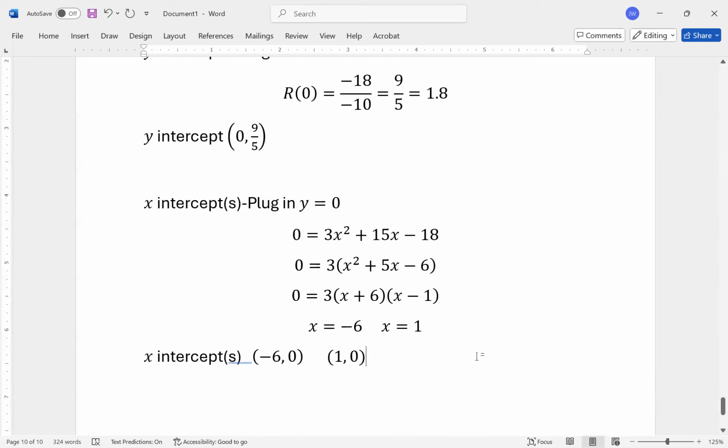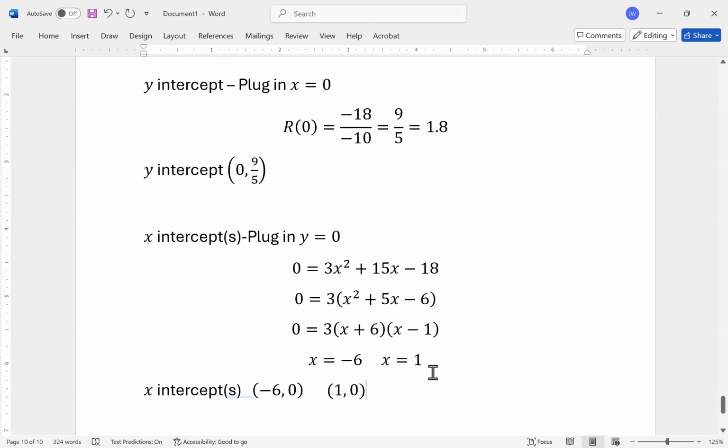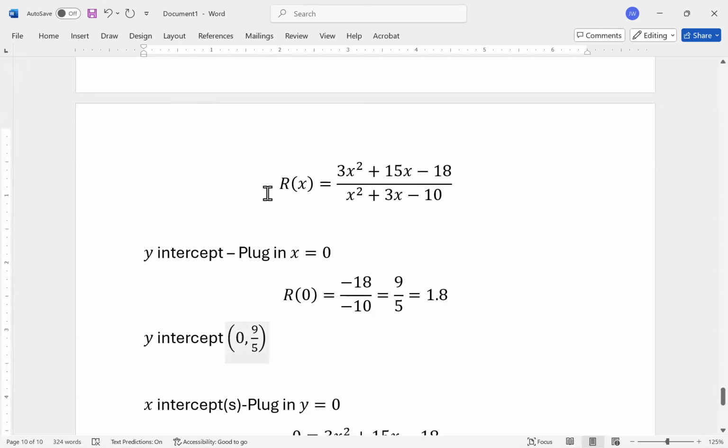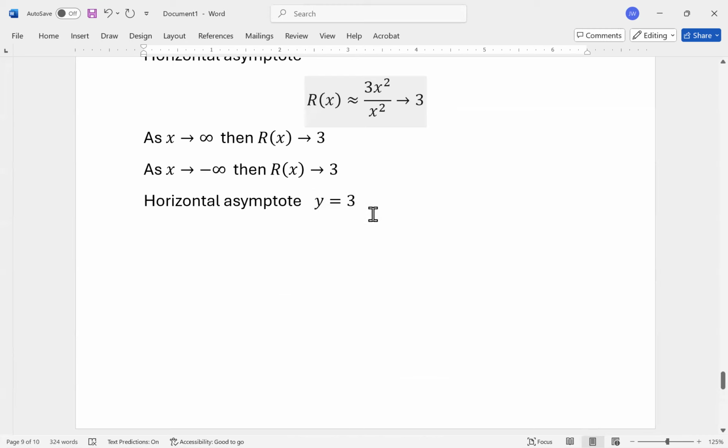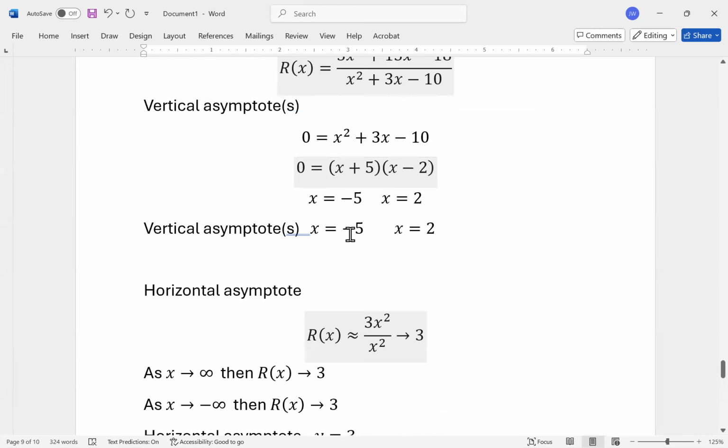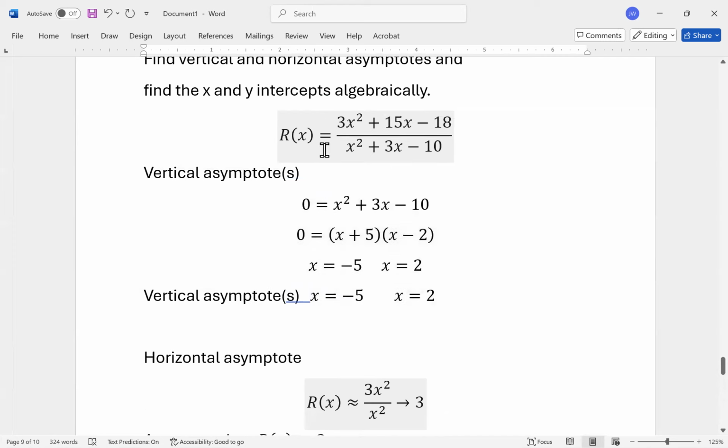So that's a lot of information that we can get algebraically with rational functions. We get x-intercepts, a y-intercept, we got a horizontal asymptote, and in this case, we got two vertical asymptotes. Let's go ahead and graph this rational function and just see that we got things correct.